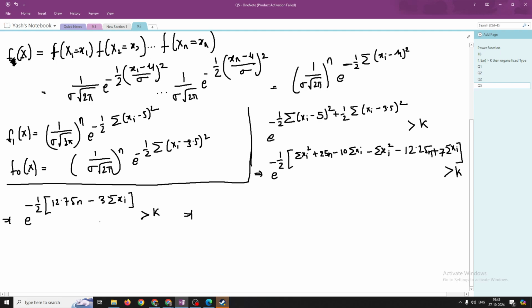Now I take natural log on both sides, so I get minus half of 12.75 n minus 3 summation xi greater than natural log of k.